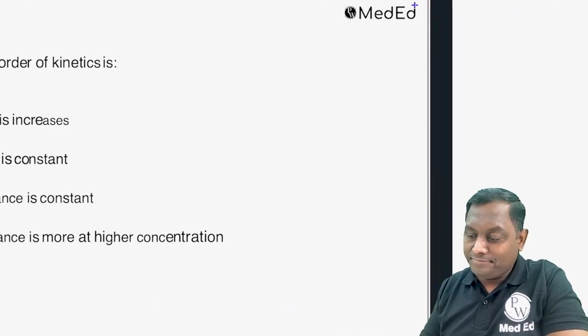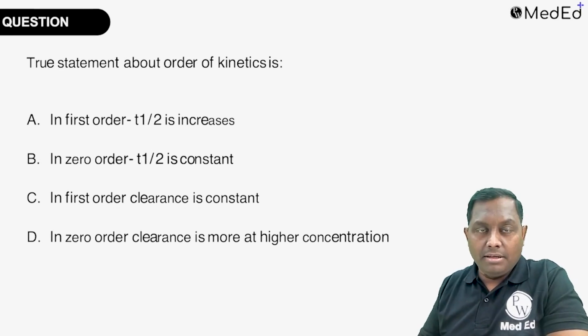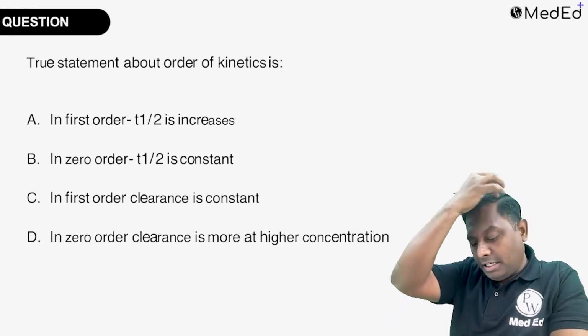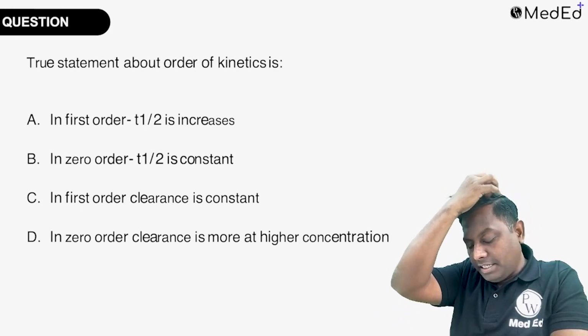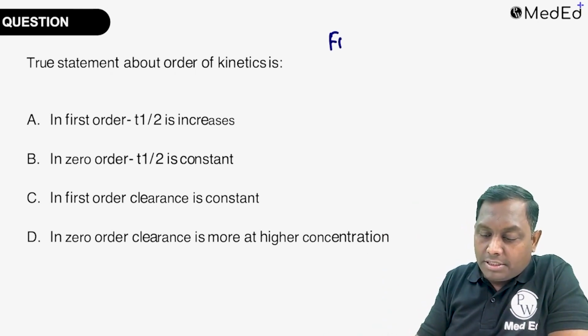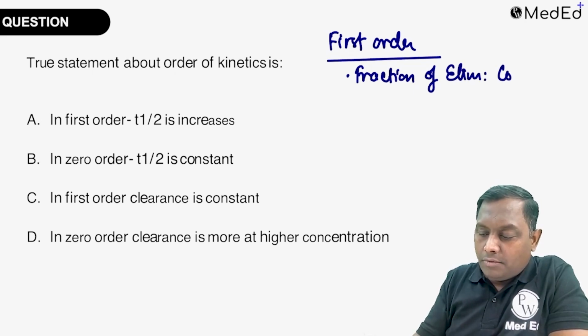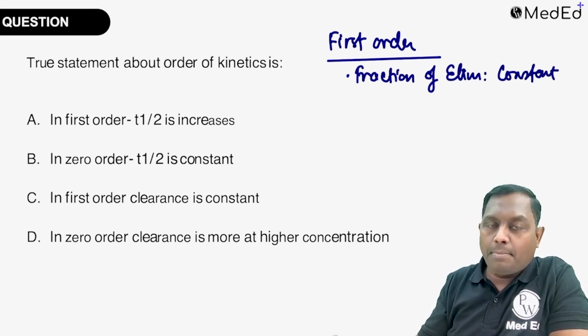Now this one, true statement about the order of kinetics. In a first order, T half-life increases. Now remember, whenever they say first order, the fraction of elimination is always going to be constant.